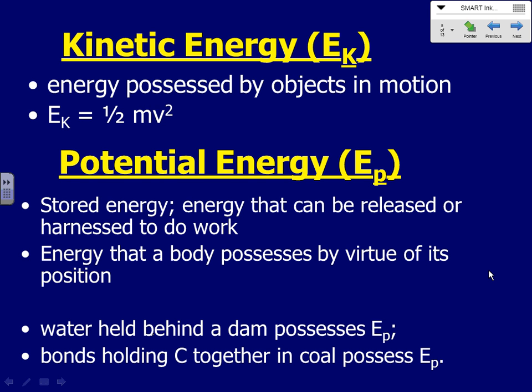There's repulsion between the protons because they're both positive. That's a potential energy situation. There's a lot of potential energy in a nucleus, which is why when a nuclear reaction takes place, say in a nuclear power plant, and the nuclei break apart and move away from each other, so much energy is evolved. It's given away. But again, it's a form of potential energy.